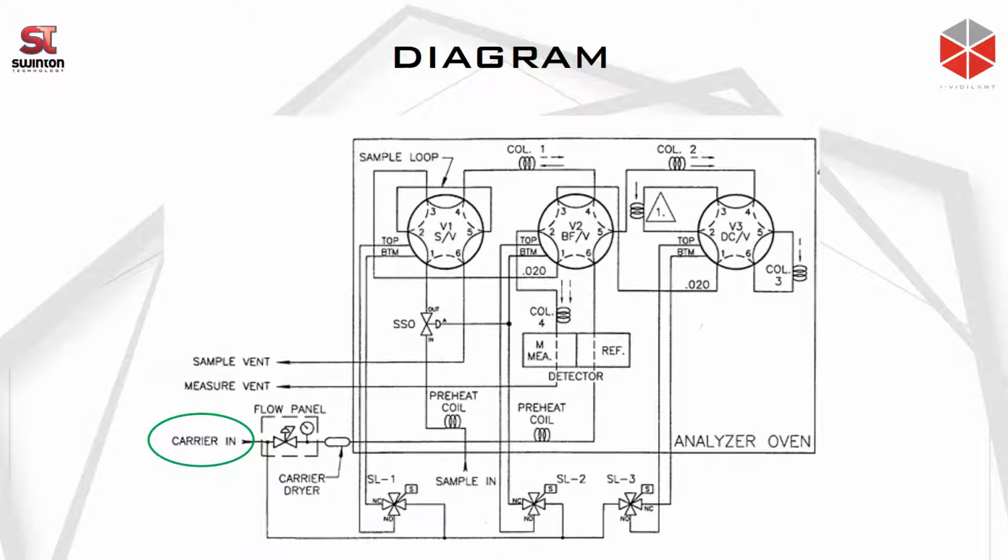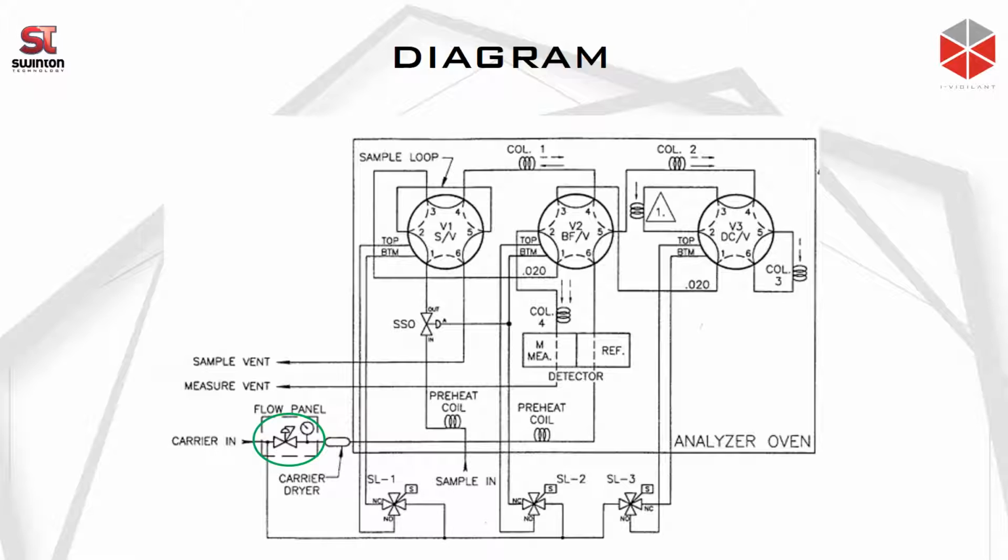The reason for it is that it has the highest thermal conductivity, and it's also non-explosive and inert, so it doesn't really react with any of the hydrocarbon gases. The carrier gas is used to push the sample gas through the columns, and it is also used as an actuating pressure for the analyzer valve. So all these valves here, the three valves, will be actuated by the carrier gas itself.